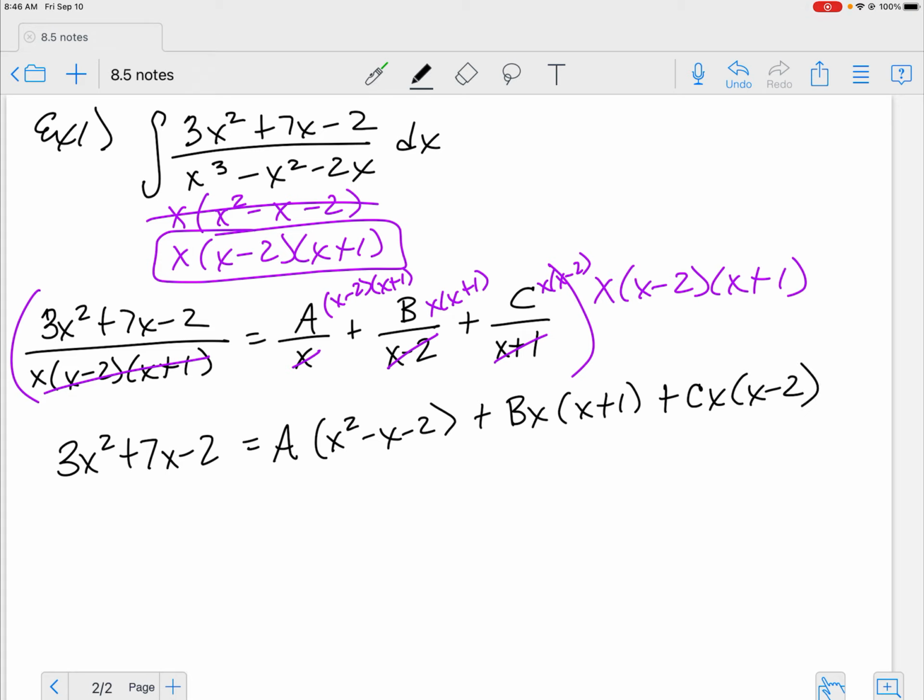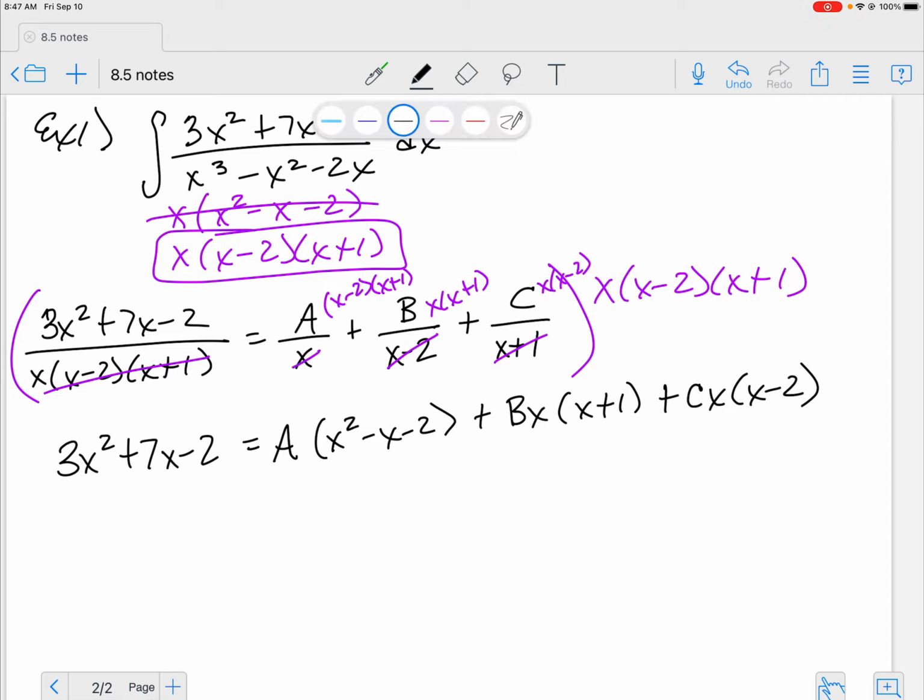And you no longer have fractions. That's the key. I want to break this down to where I'm not looking at my fractions. It's an equation. Anytime you have a rational equation, you can multiply through the common denominator, as long as you're multiplying both sides.